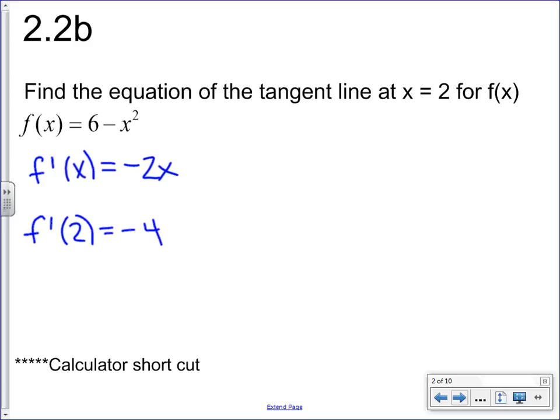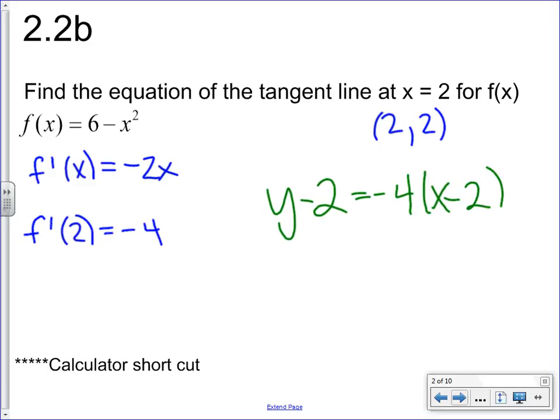Now we need a point. If we plug in 2 to the original, what do we get? 2. Right? So then the equation of our tangent line, y minus y1 equals slope times x minus x1.